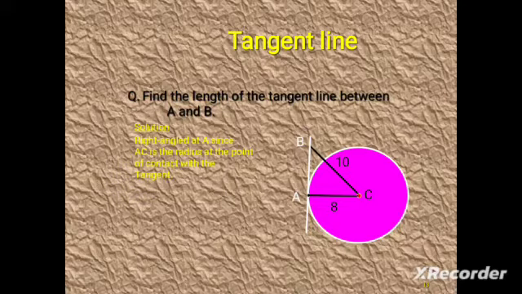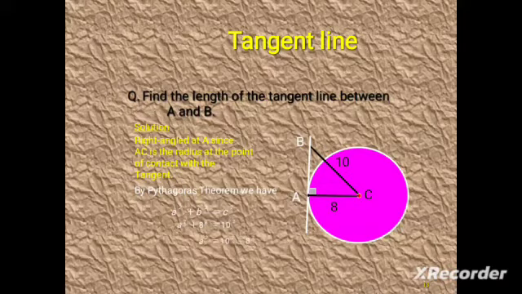So solution, right angled at A, since AC is the radius at the point of contact with the tangent. By using the Pythagoras theorem, we have a squared plus b squared equal to c squared. Substituting into the formula, we have a squared plus 8 squared equal to 10 squared.